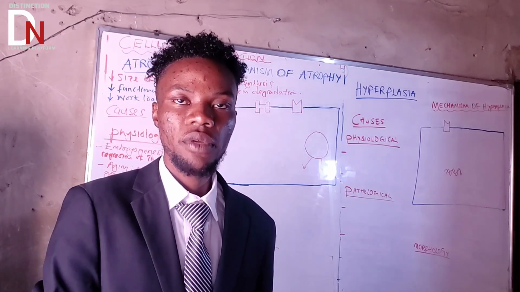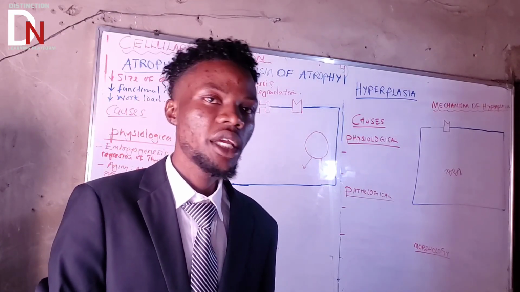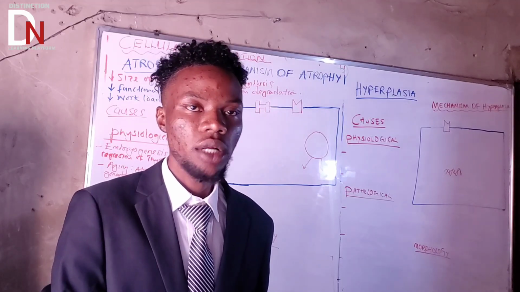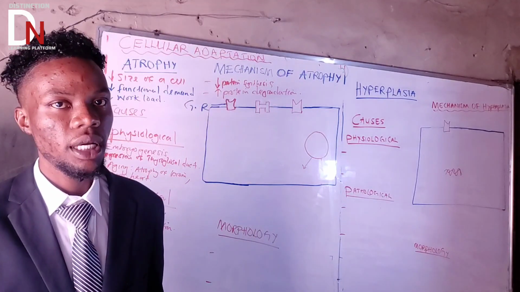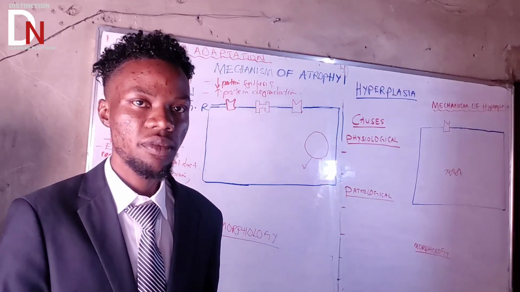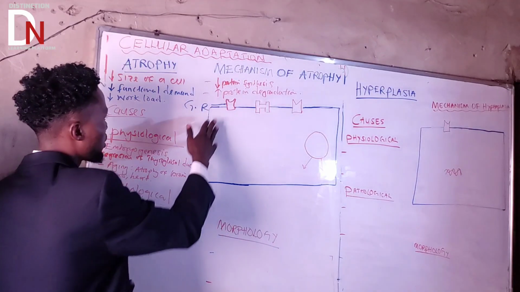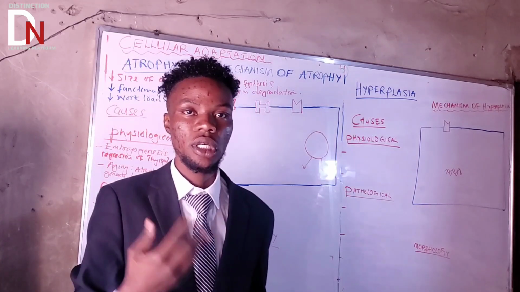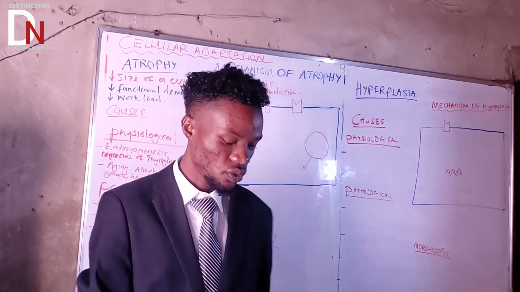Remember the examples of growth factors we mentioned: insulin-like growth factors, fibroblast growth factors, transforming growth factor beta. Those are examples of growth factors. They always bind to the growth factor receptor so that they can induce a signal transduction pathway. So that's the first one.